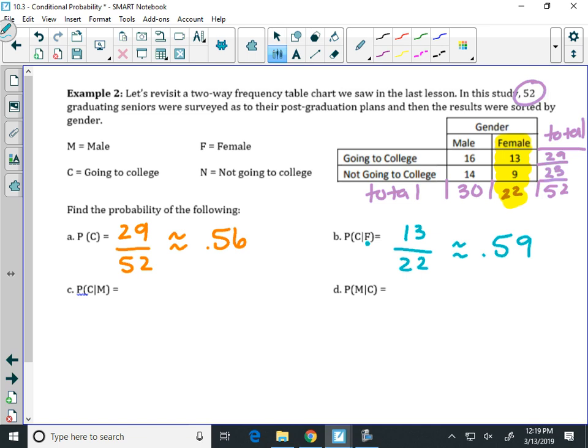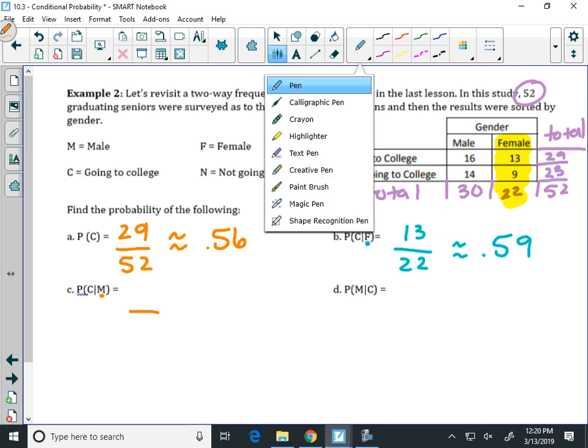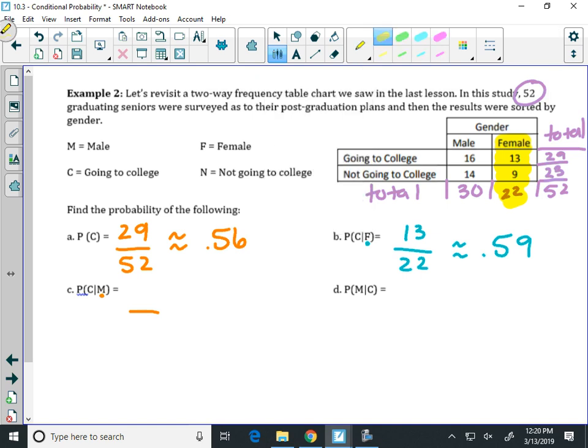If we take a look at C, again we have a condition. Find the probability of going to college given the person picked is male. So again, we go to the second thing. We are only looking at that column, only looking at males.